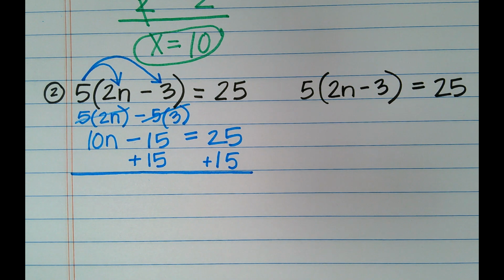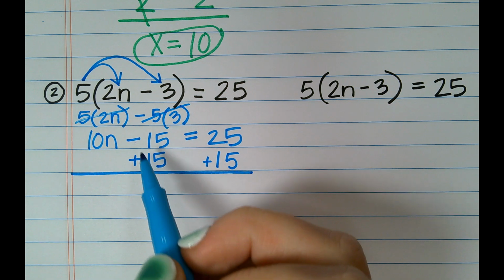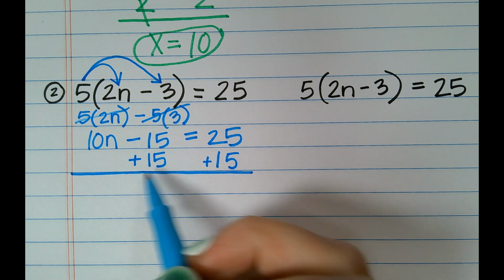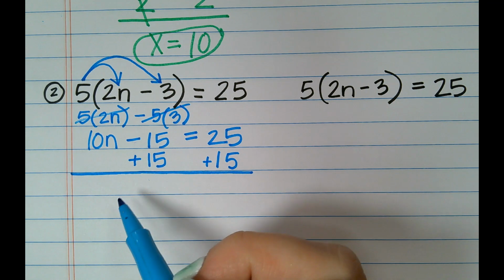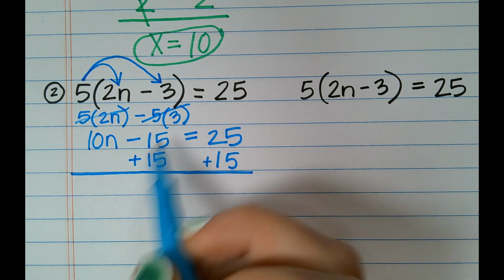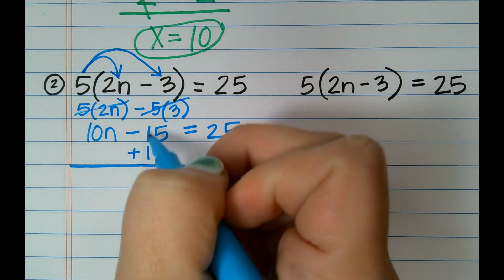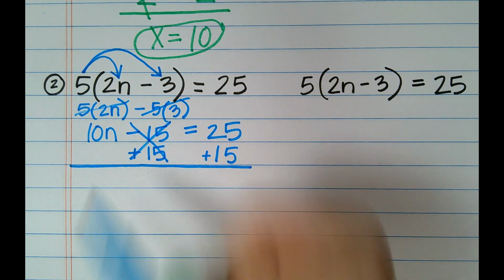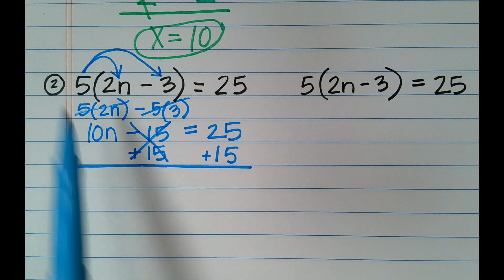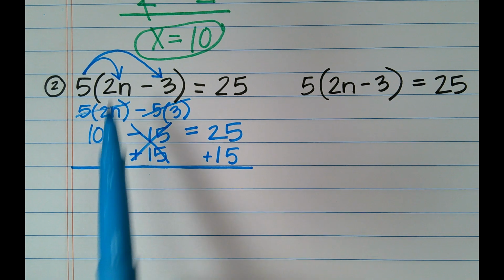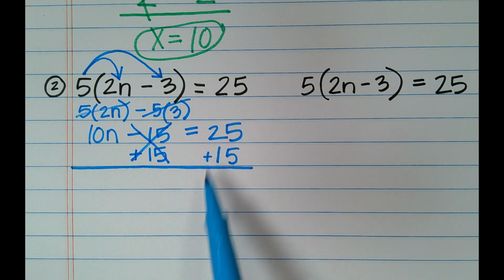A positive and a negative. Yeah, so now we have minus 15 plus 15. What's going to happen to my 15s? They're going to cancel. So don't worry about them being different signs. We just cross those off. Now we can look at 25 plus 15.